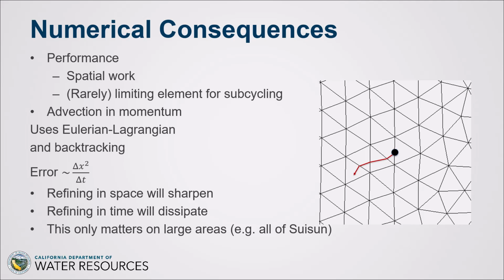Refining in space will reduce error and sharpen tidal signals and other velocity signals. Refining in time, though, is in the denominator, so making it smaller actually has a sort of dissipative effect. And you can see that, but only if you grid over large areas, like all of Suisun. So in our global case, which was the one that we opened this presentation with, that would be a pretty big deal. You'd see a big effect, and you might have to compensate with some of the parameterization.